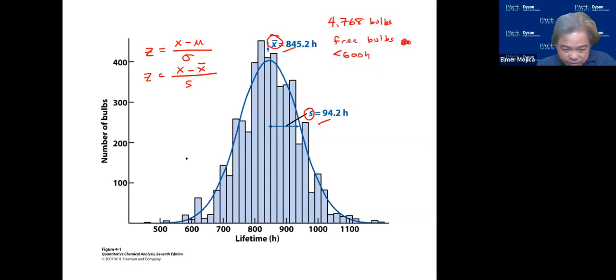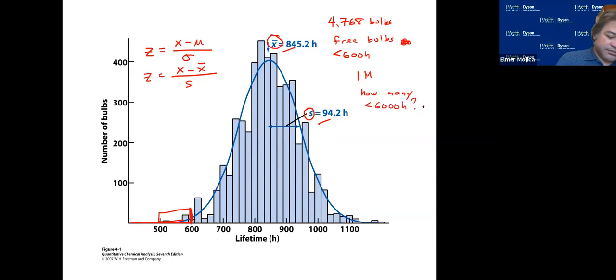What does it mean? Anything less than this, the manufacturer is willing to replace free of charge. If you sell 1,000,000, how many will have a lifetime of less than 600 hours? That's how this problem is presented.